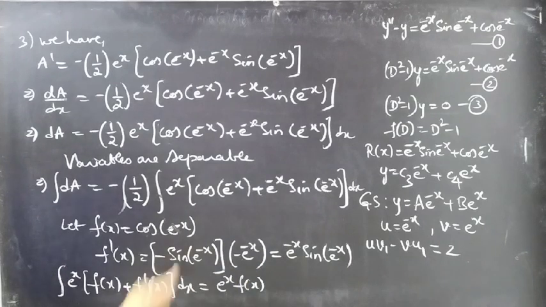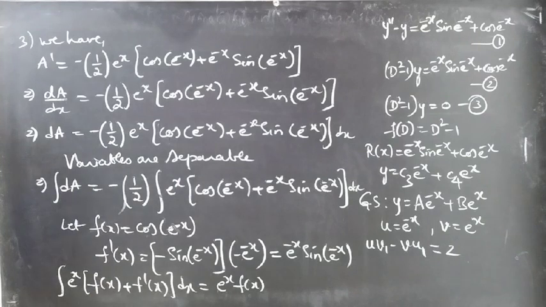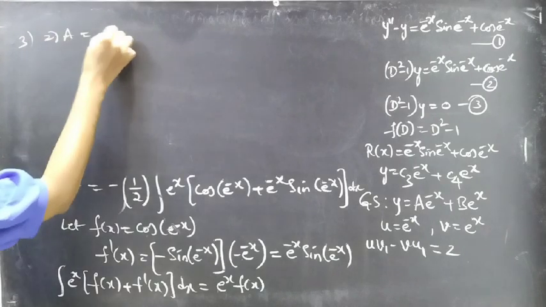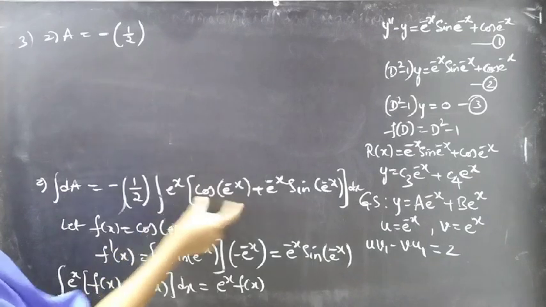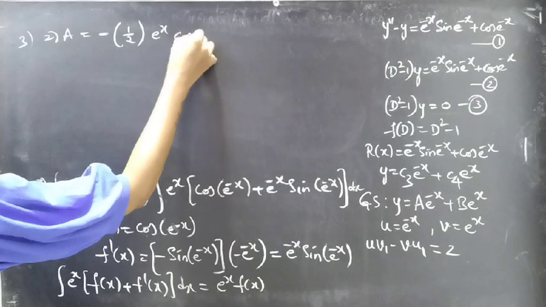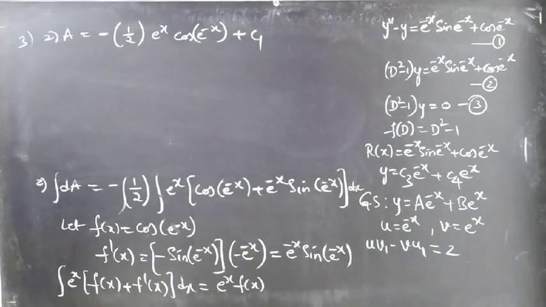Which gives us e power x f of x, that is e power x cos e power minus x. Integral dA is A equal to minus 1 by 2 into integral e power x of f of x plus f dash of x, which is e power x f of x, plus some integral constant, say c1, right?